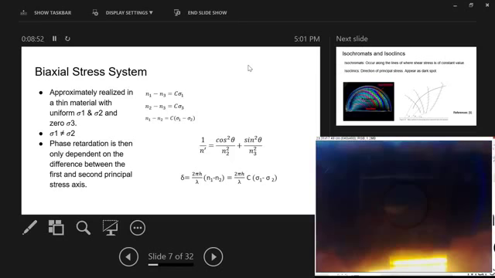So essentially, when you think of a cube of material, the approximation that we're making is that the stress in this direction and the stress in this direction are constant. And then in our material, we're also looking at really thin materials. So as a result, the stress in that direction is approximately 0.